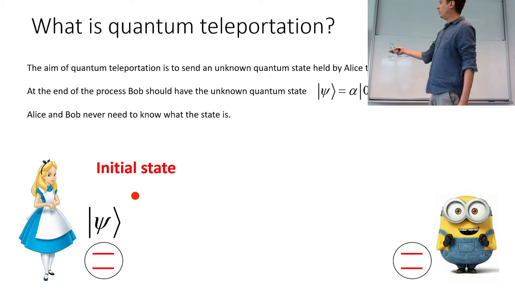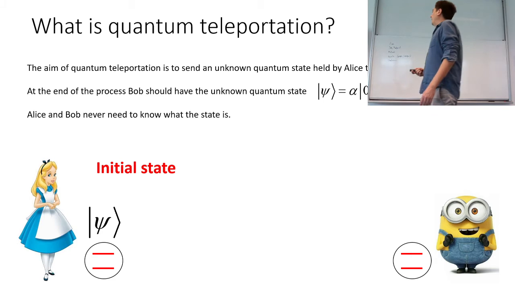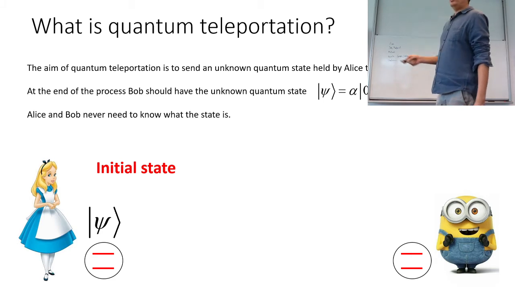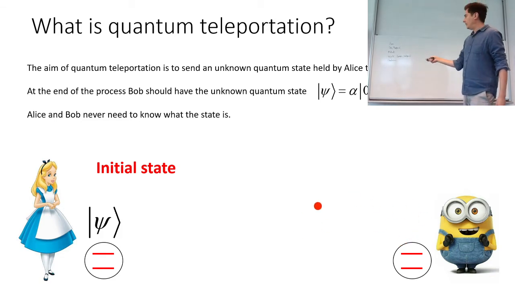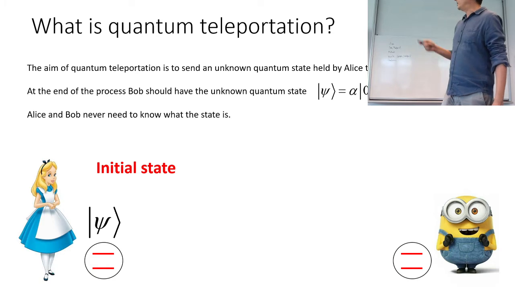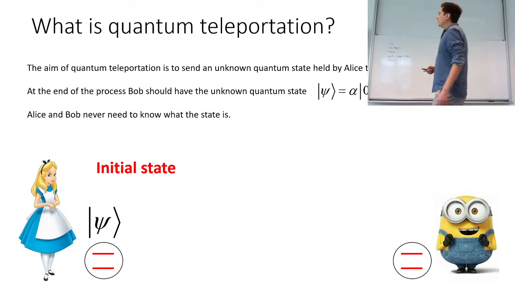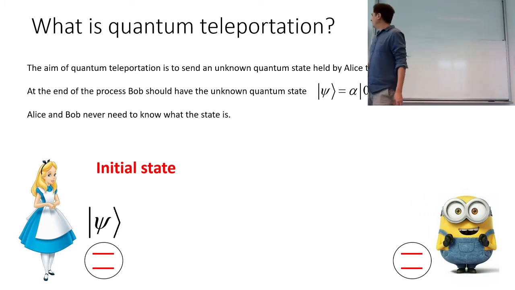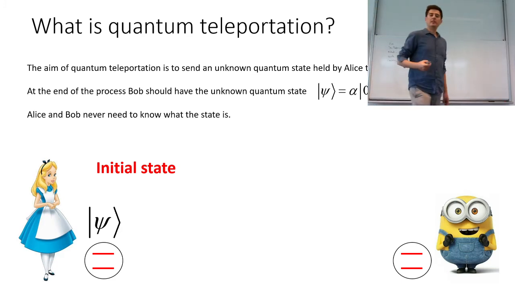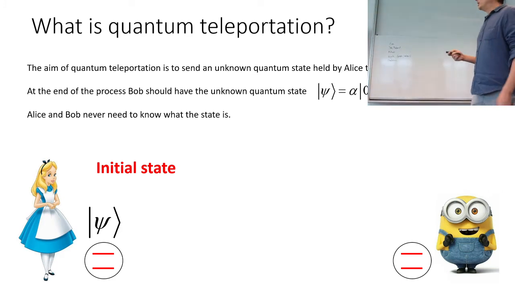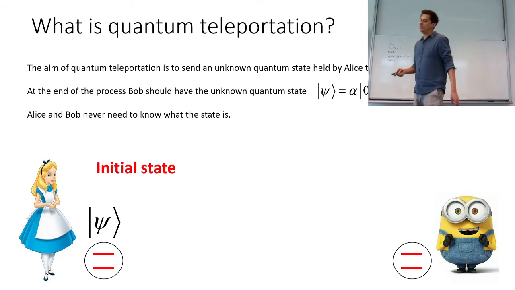So Alice has a qubit here, it's got some quantum state on it, and the aim is to send that to Bob, right? So Bob has some other state, and the idea is that Bob at the end gets this state. And one of the interesting things about this is that actually neither Alice nor Bob ever knows what the state is, or at least they don't have to know what the state is.